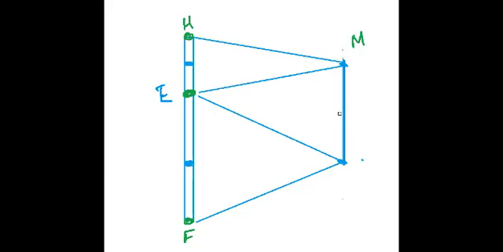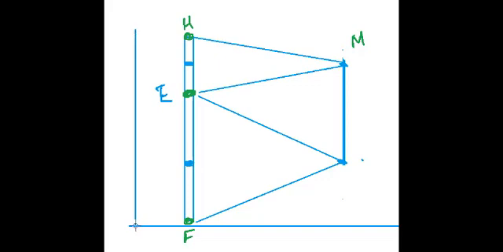Now, what should be the height of the mirror and at what height should it be from the floor? Assuming the person is standing on the ground here. See this distance from top to bottom. This is the height of the person, the total height. Call it the total height.